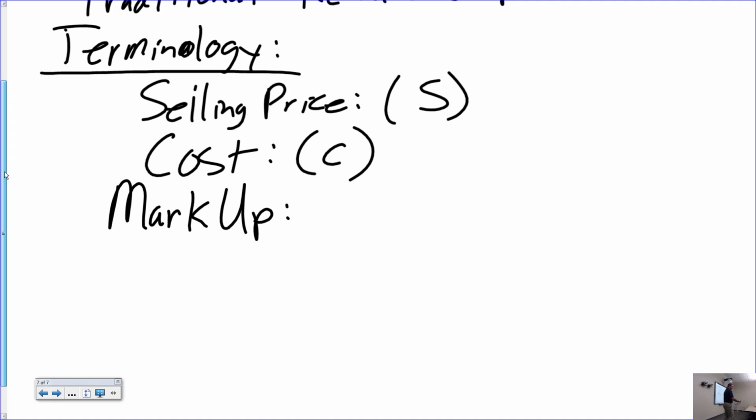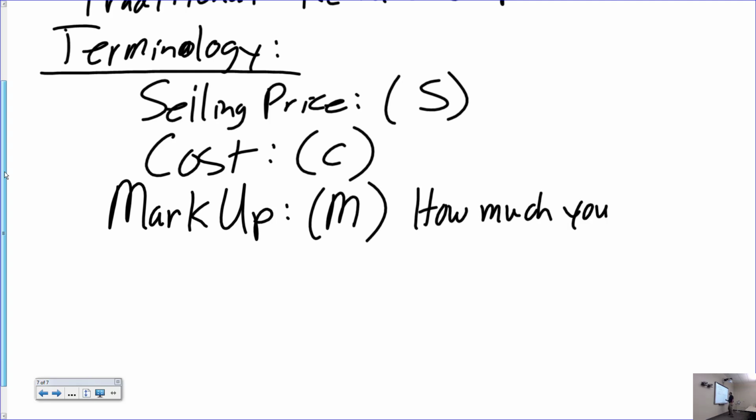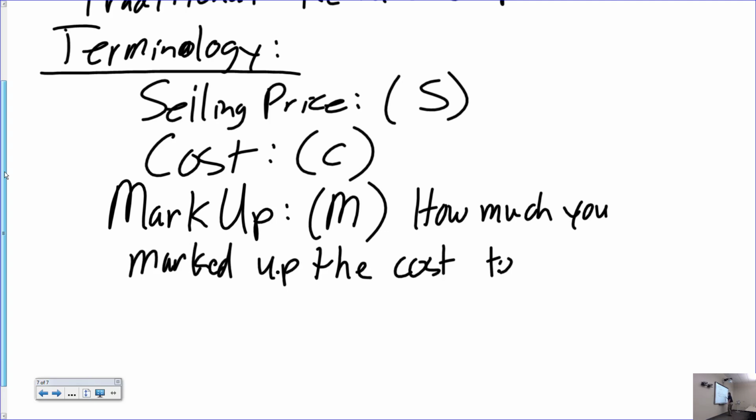Yeah, it's the difference between what you paid for and what you're selling it for, or it's how much you marked up the price, or how much you marked up on the cost to get to the selling price, right? And again, we're going to call that M.